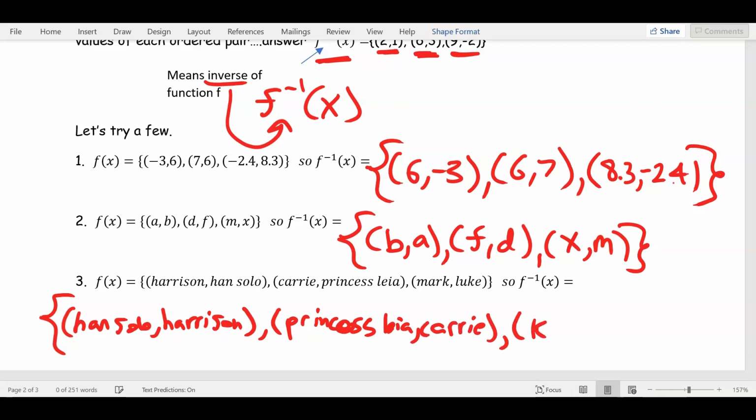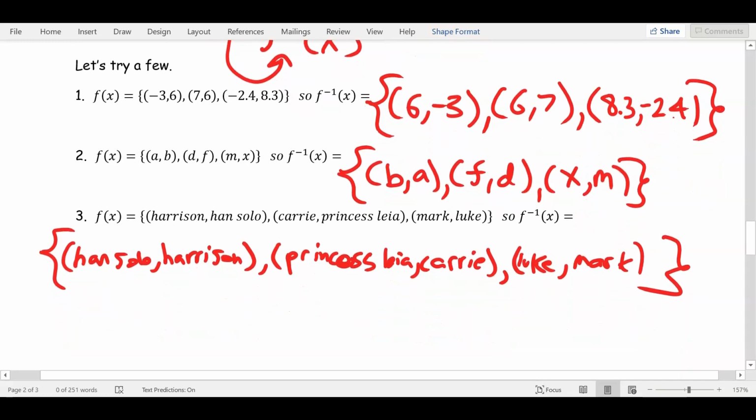And then Luke, comma, Mark. Sounds like a country singer. I know it's kind of messy, but it is what it is. So Han Solo becomes Harrison, Princess Leia becomes Carrie, Luke becomes Mark.